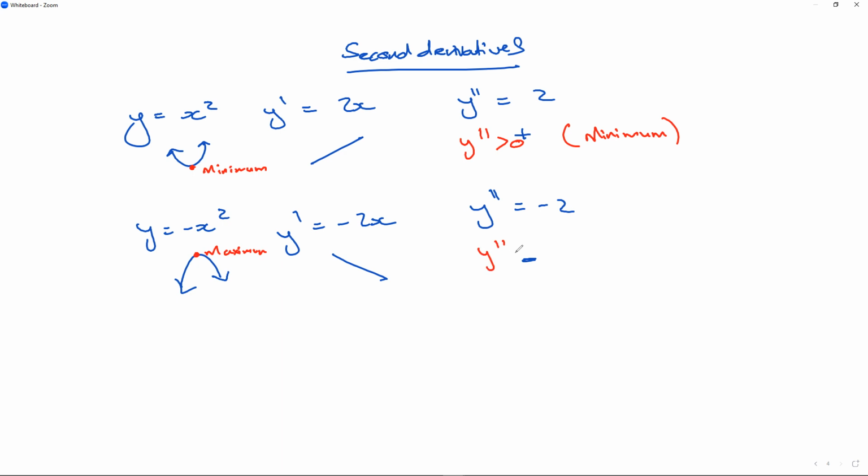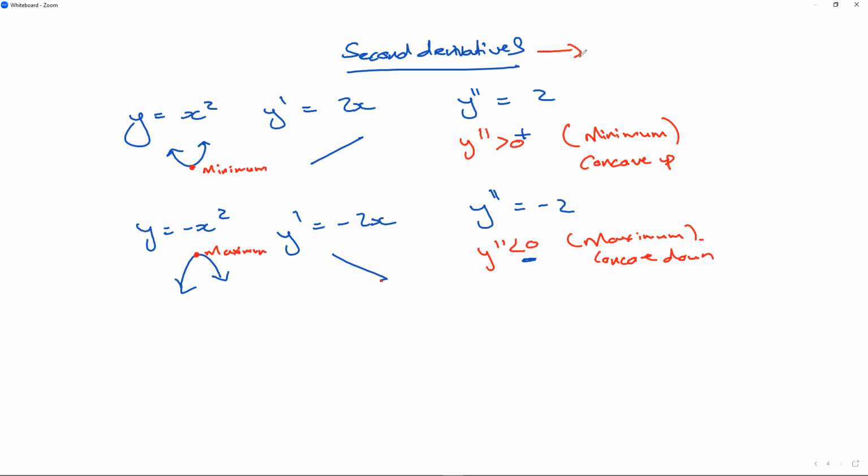And if the second derivative is less than 0, we are dealing with a maximum. So we got minimum and maximum, and we can also see that minimum also implies concave up. This is concave down.